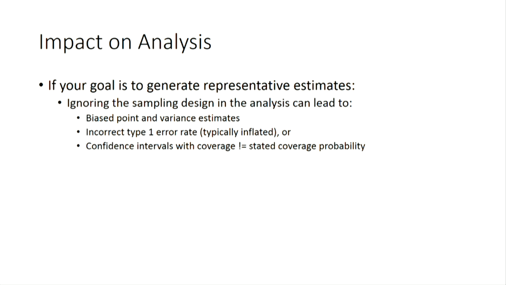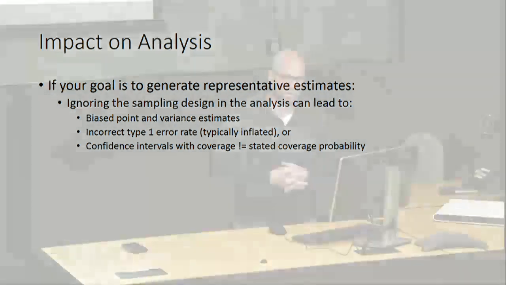The consequence of that is, if you do want to produce estimates at a national level or state level, ignoring the sampling design in the analysis can lead to a biased point estimate. So if you want to estimate the proportion of, say, young adults who have ever had a cancer diagnosis, you might come up with a much higher or much lower prevalence estimate than what the true value really is, because you're not incorporating that information.